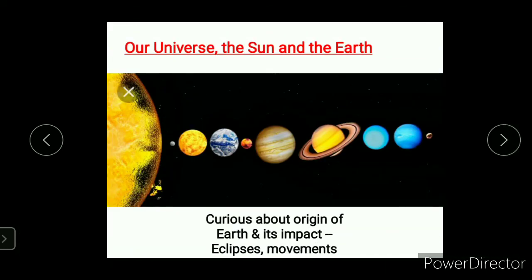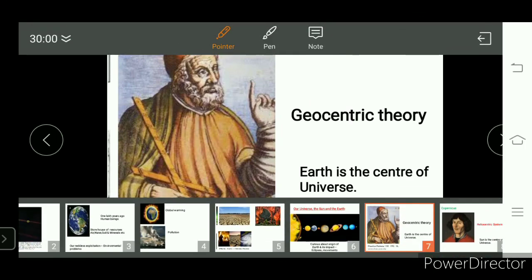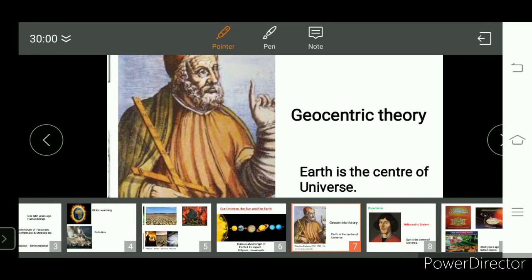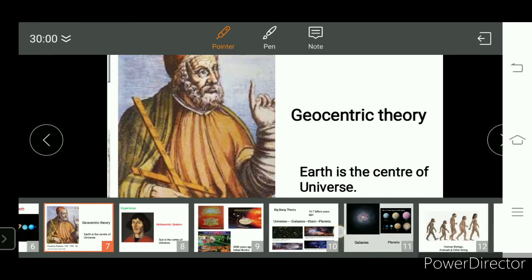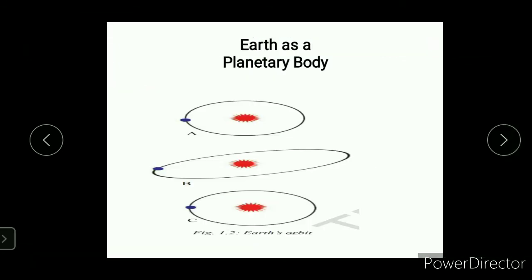That is the topic. And next, another topic we are going to see is the earth as a planetary body. Here you see these three diagrams showing the shape of the earth's orbit.